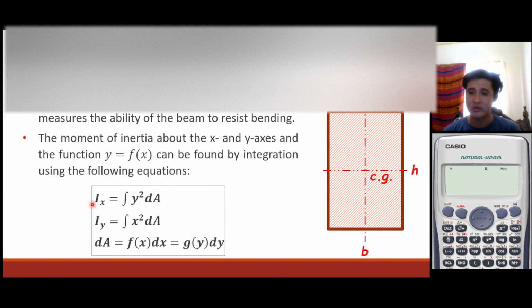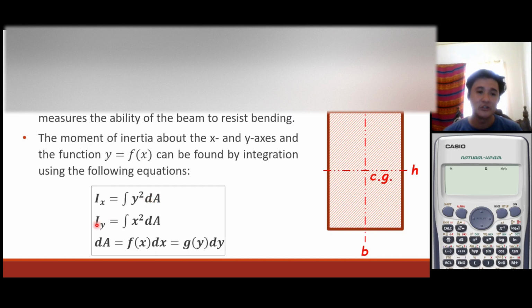So ito yung general equation natin in getting the moment of inertia of a certain cross-section of a certain area, that is equal to integral of y squared differential area. Okay? Where yung y natin, that is yung y distance ng centroid ng ating differential area.